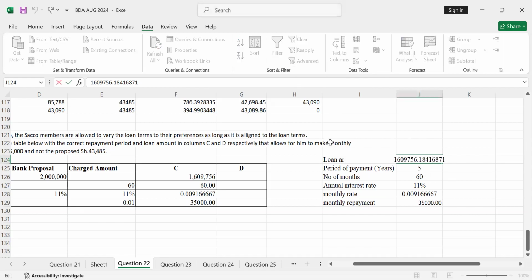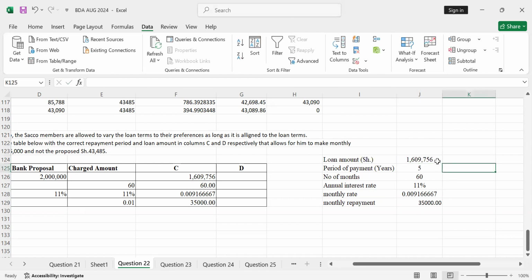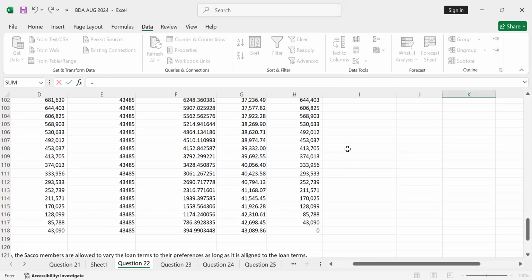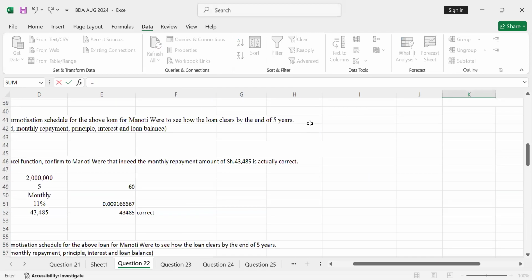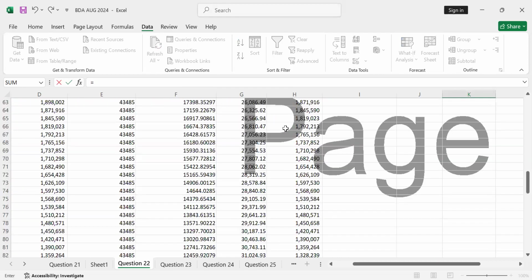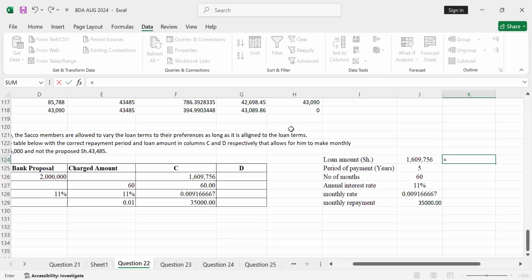So this one we can have as it was originally. This was 2 million. I just need to have the 2 million.